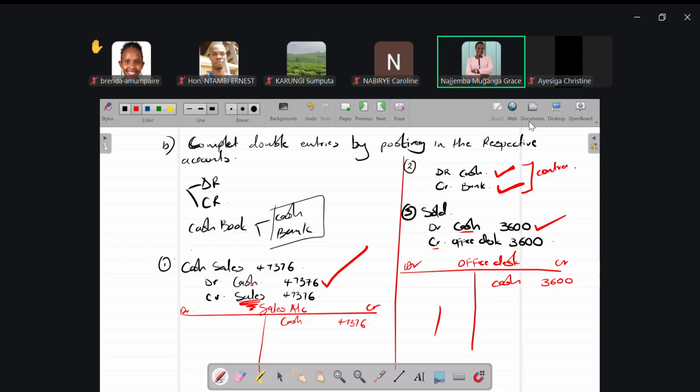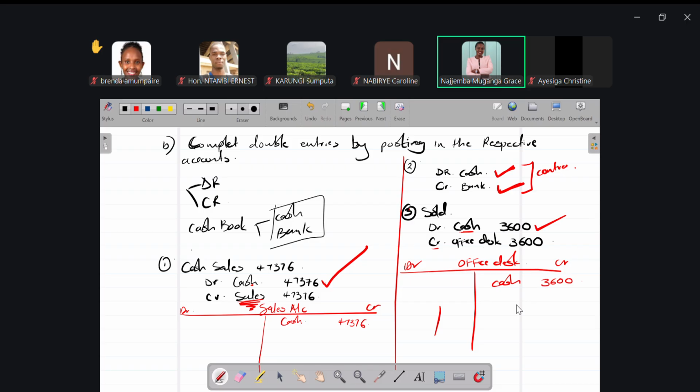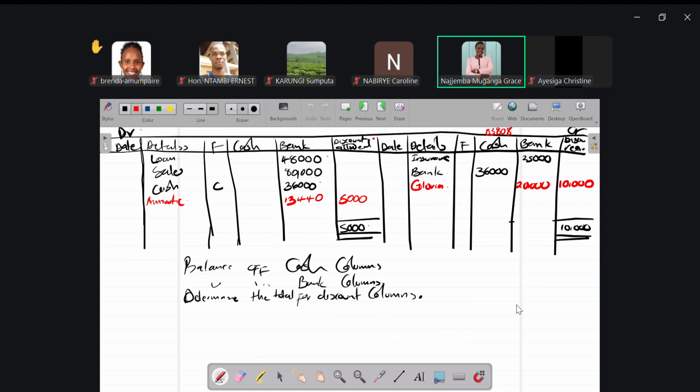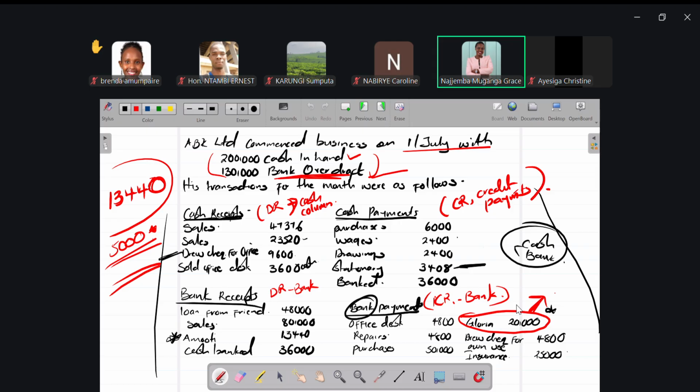Probably you kept on withdrawing more than you have on the bank. You get it? So it means you withdrew more than what you have on the bank. So it is possible for the bank to have a credit balance. And that is what we started with, by the way. The business started with a bank overdraft. You see, isn't this on the credit side? We started with a credit balance. We can end with a credit balance. It is very possible.